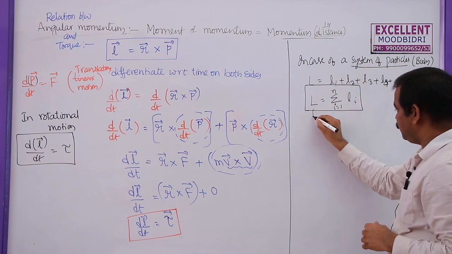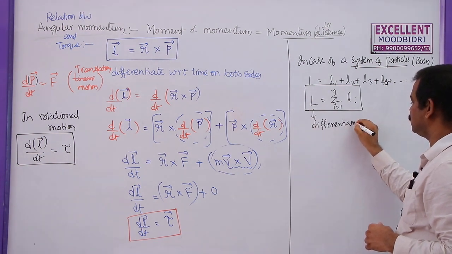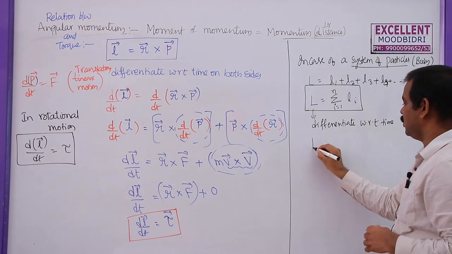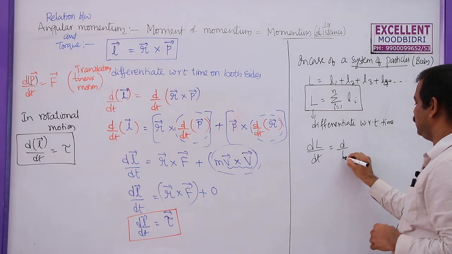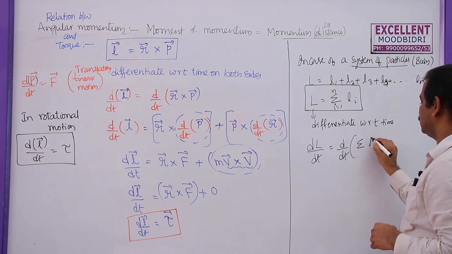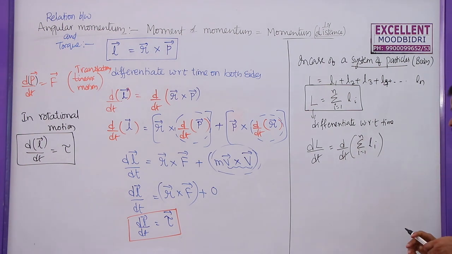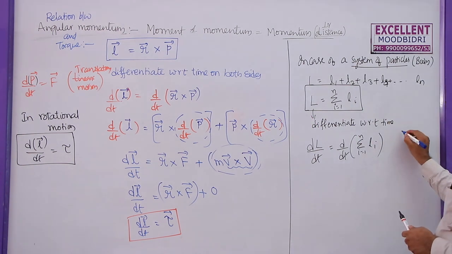Now, if you differentiate this with respect to time, then dL by dt will be d by dt of sigma Li with i from 1 to N, where Li is the momentum of the ith particle. So what is Li here?